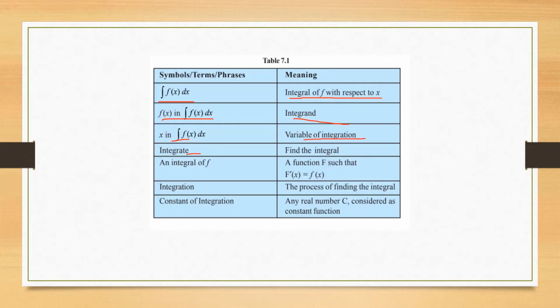Integrate means to find the integral. An integral of f is a function F such that its derivative is f(x). Integration is the process of finding the integral, and constant of integration is any real number c considered as the constant function.